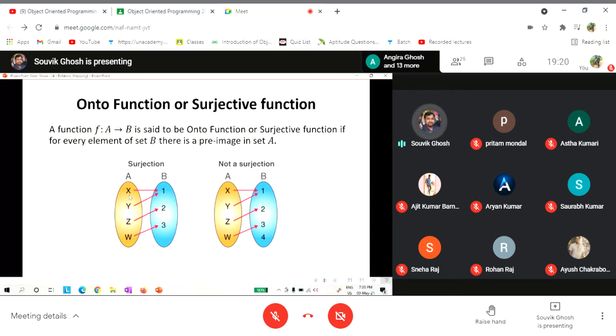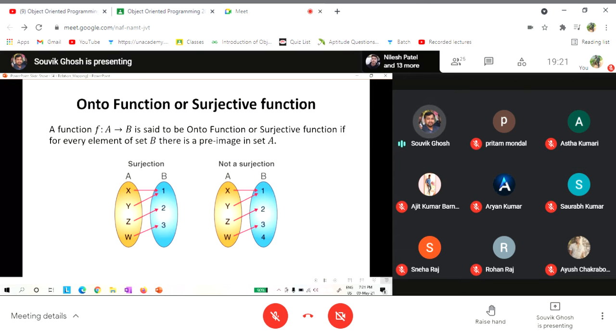So x and y, this is a function obviously, and it is surjective if every element in B, that is 1, 2, 3, has at least one pre-image in the set A. Obviously these elements 1, 2 and 3 have pre-images x, y, z, w in the set A, that is in the domain. So this is a surjection.